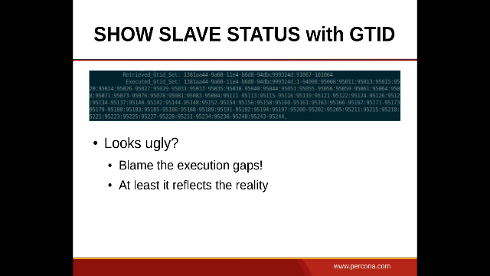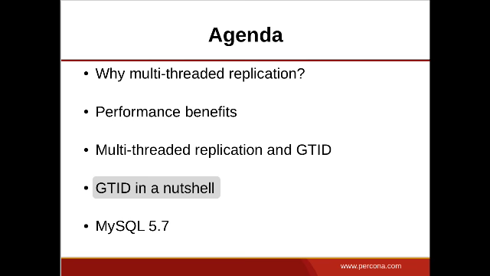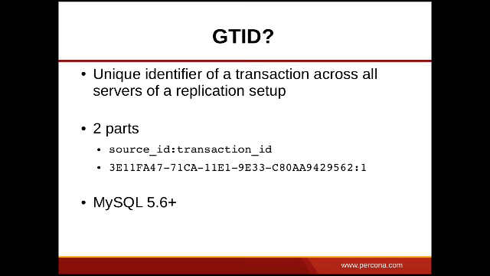So I talked about GTIDs with multi-threaded replication, and I think it's good to spend some time on GTIDs because it's a new feature of 5.6, and by experience I know that not everyone is very familiar with it. And if you want to use multi-threaded replication, frankly, you should look at GTIDs first.